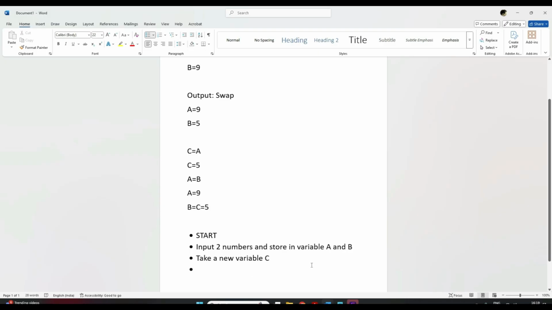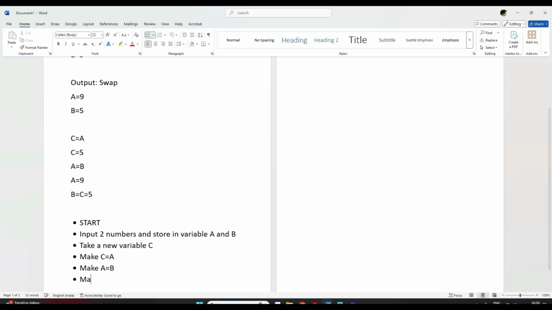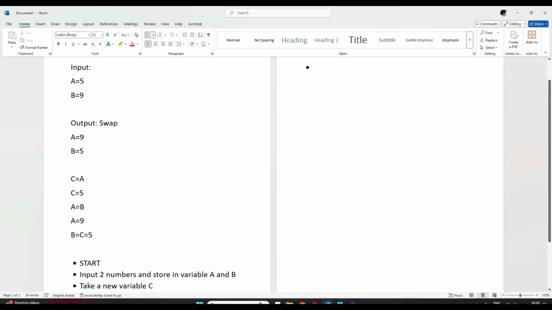So take a new variable C now. Or you can write, take a new variable C, make C is equal to A. Now the next step will be make A is equal to B. Third step, make B is equal to C. Now output A and B, and then you have stop.